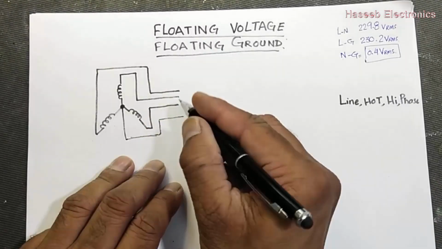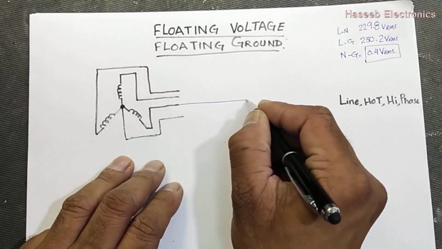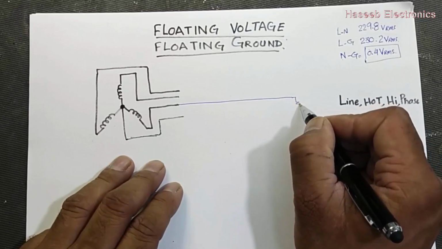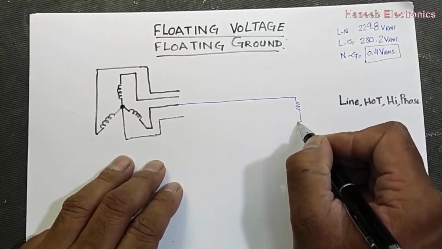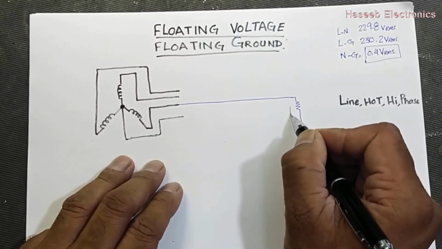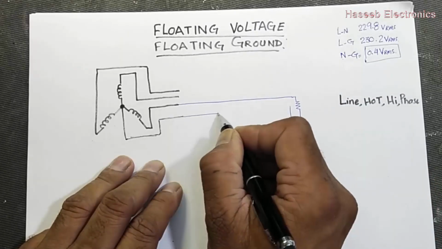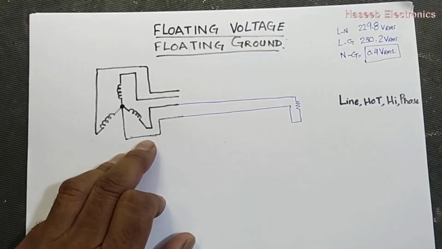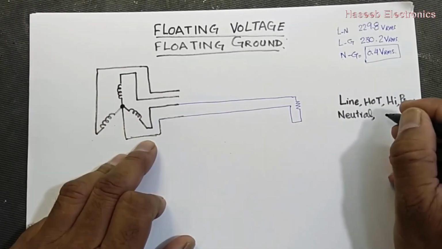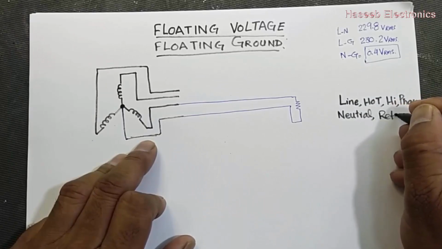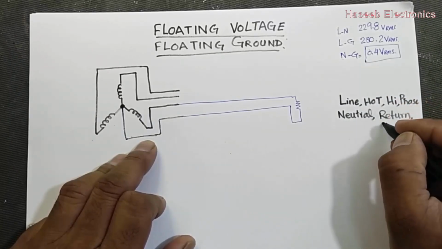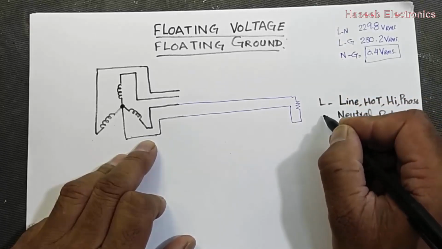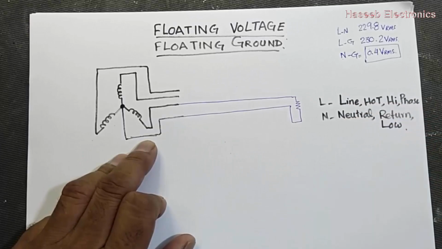If we make a transmission from this point to our home and we connect our load here, after driving this load, the current will return through the neutral path. So what is neutral? It is a return path. We can say it is the low side. It will be defined as line and it will be defined as neutral.